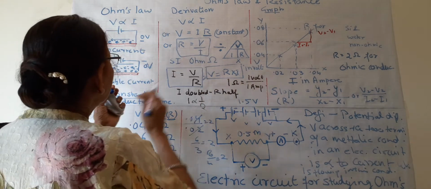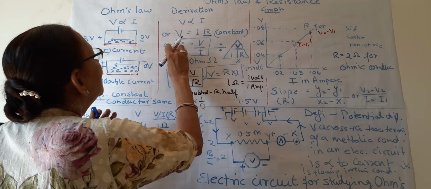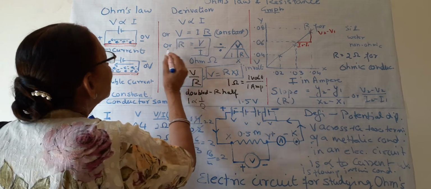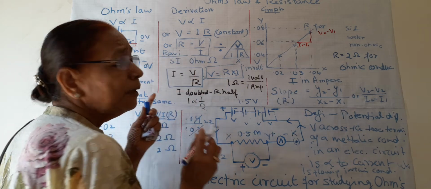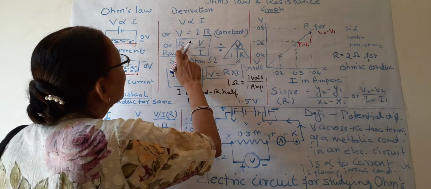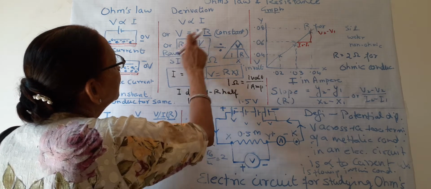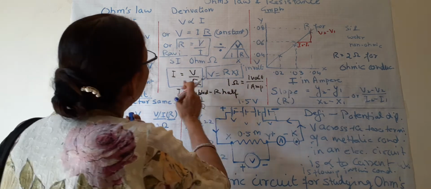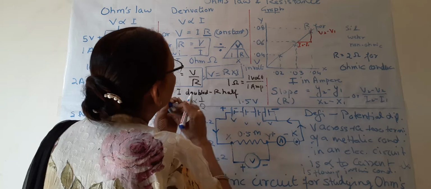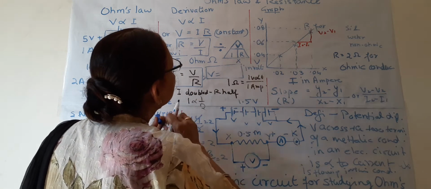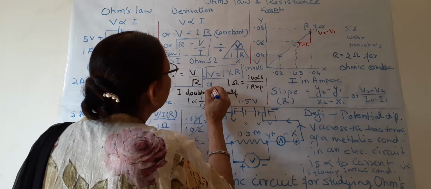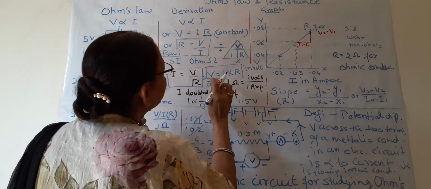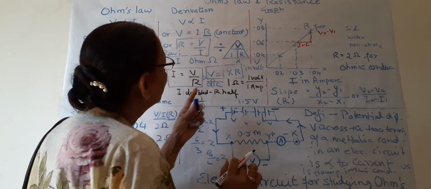There is one more trick, a funny trick. This is like Ravi. Ravi is the name of many boys. So R is Ravi. And if you write V is equal to I into R, this forms V-I-R, Veer.